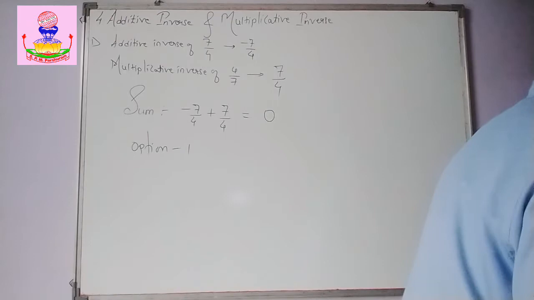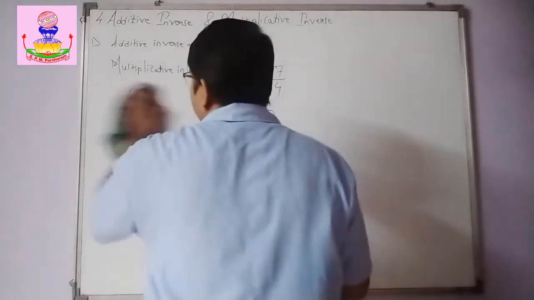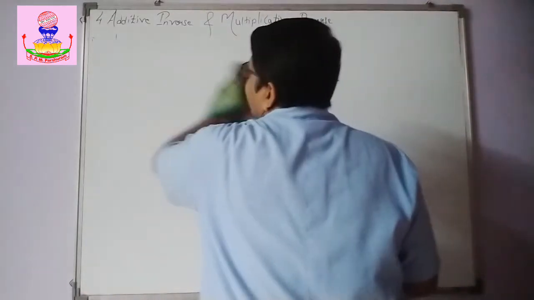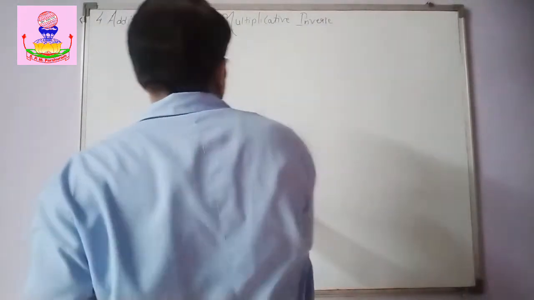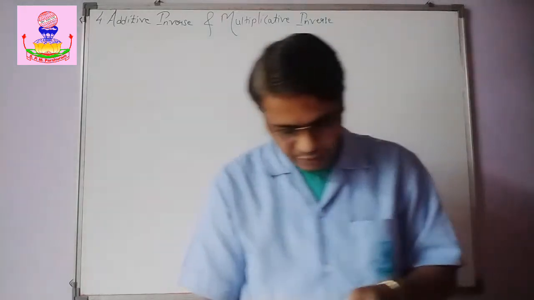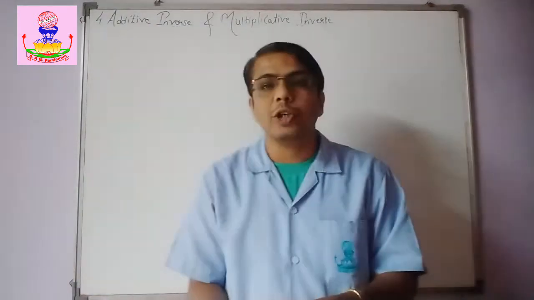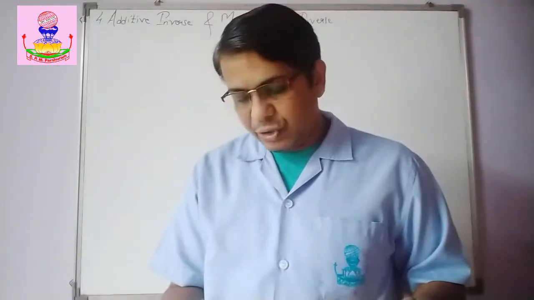Now let us go for the next example. Second, what is the result if the multiplicative inverse of 5 upon 4 is added to the sum of 3 upon 5 and 2 upon 7?